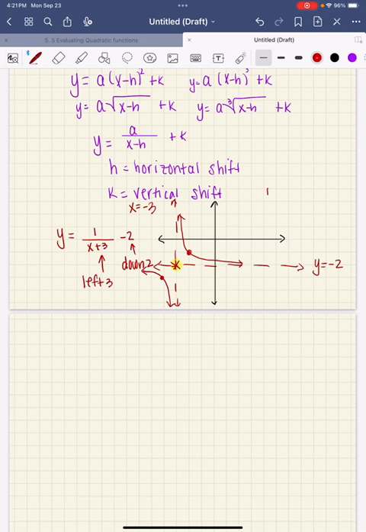So my domain is all real numbers, x can't be negative 3. If x is negative 3, negative 3 plus 3 is 0, and that is never allowed. My range is all real numbers, y not equal to negative 2.